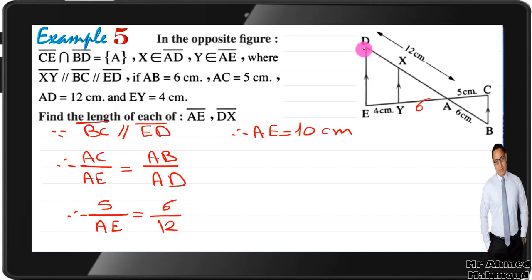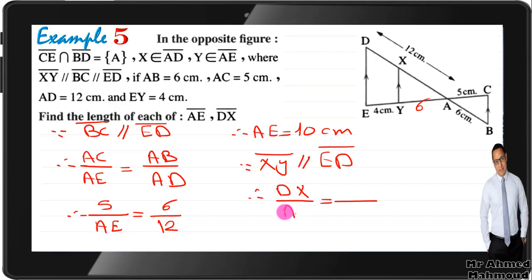It's better to use a ratio between DX over DA equals EY over EA. Again, DX over DA equals EY over EA, since XY is parallel to ED. Therefore DX over AD equals EY over EA, or AE.